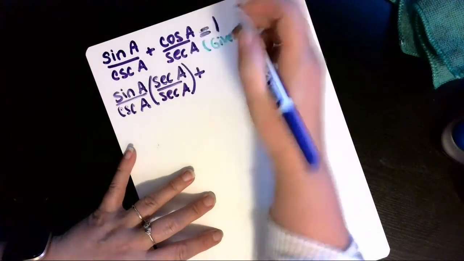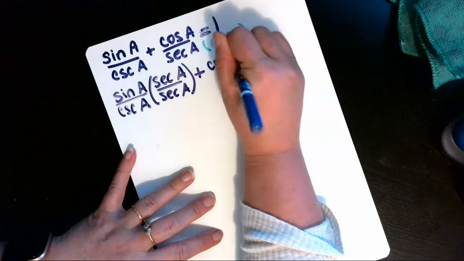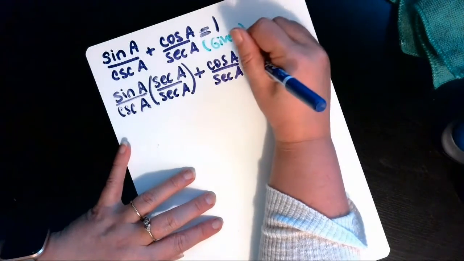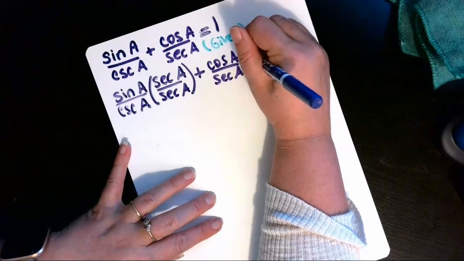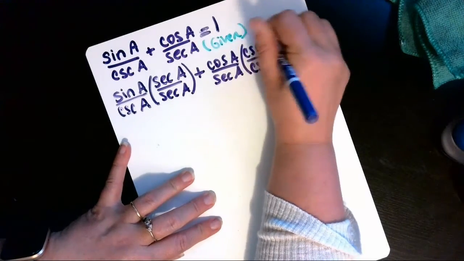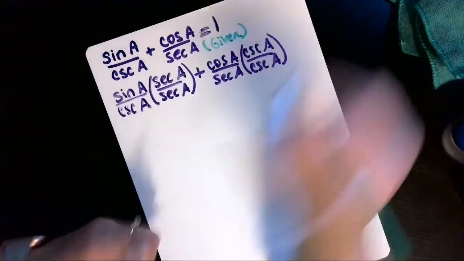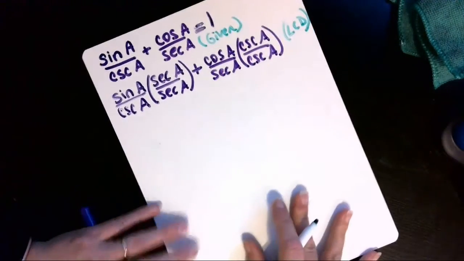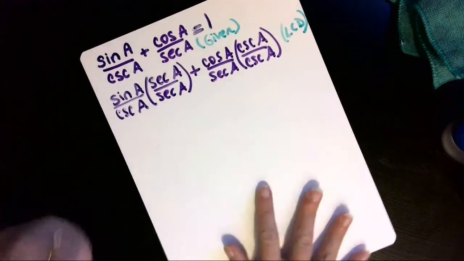Then same thing for the second fraction. We'd have cosine of a over secant of a, and then to get that common denominator, we would multiply this by cosecant a divided by cosecant of a. And our reason would be LCD, finding a least common denominator.